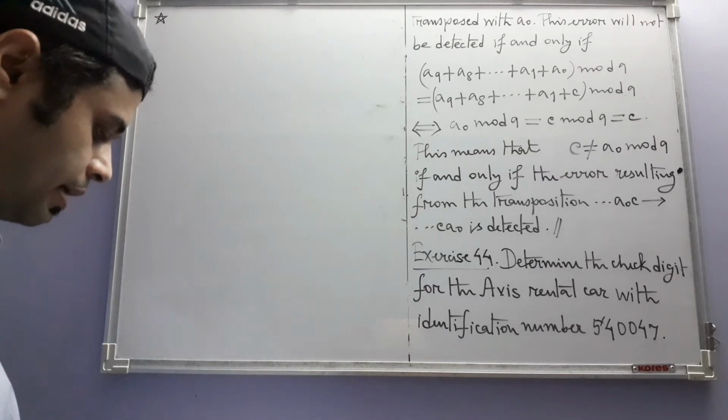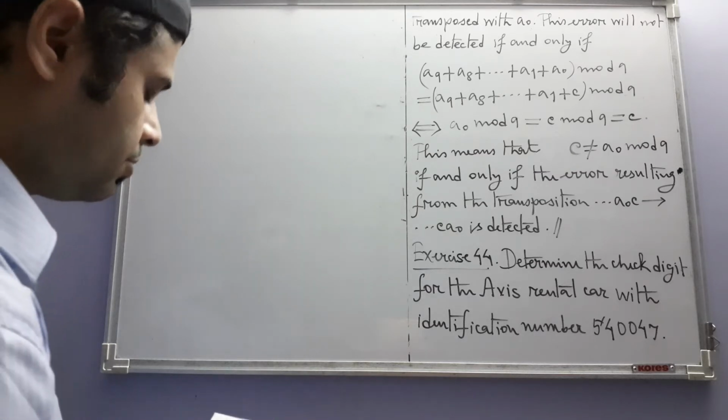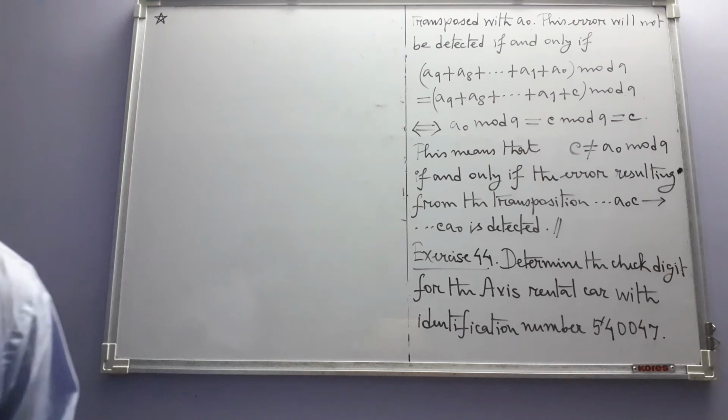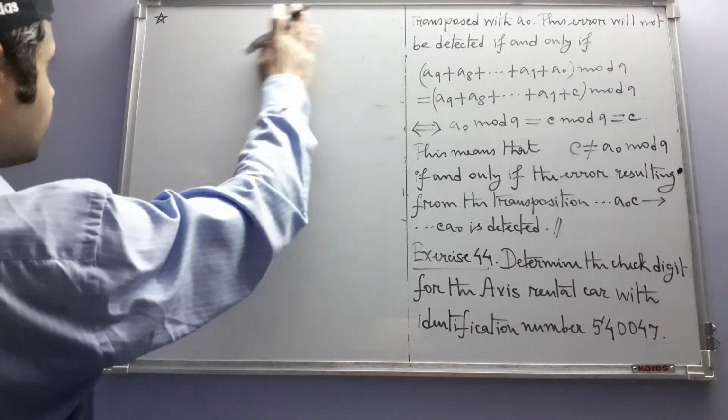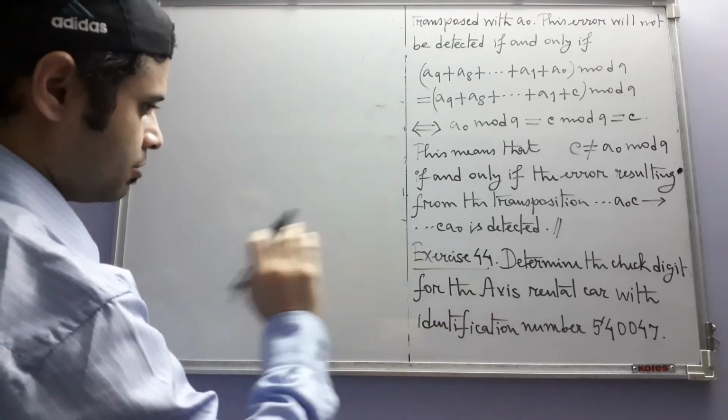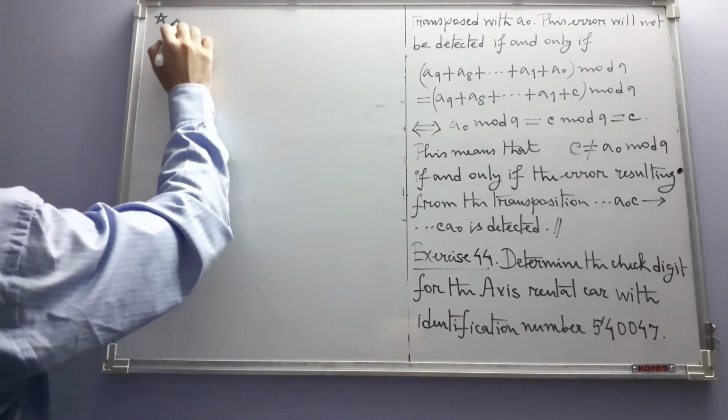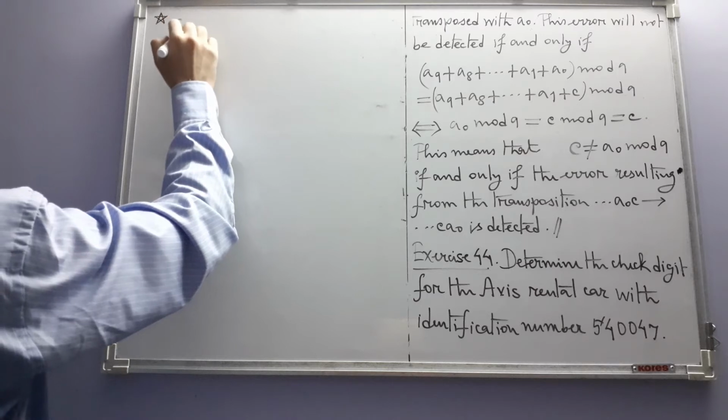Now here the calculation is modulo 7 because that is the system Avis uses. And you just have to find the remainder when you divide this by 7. So the solution is this.